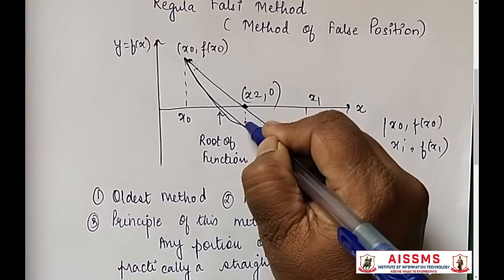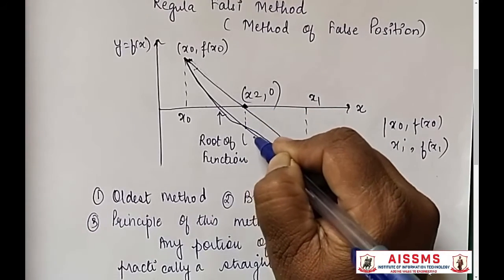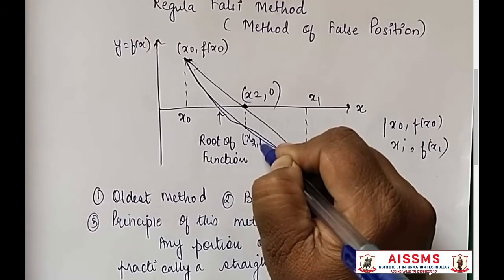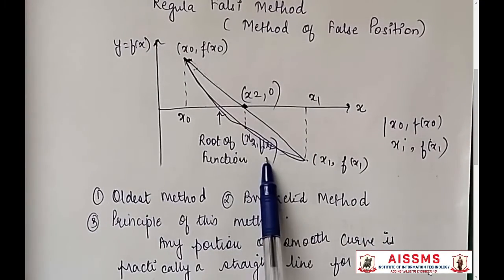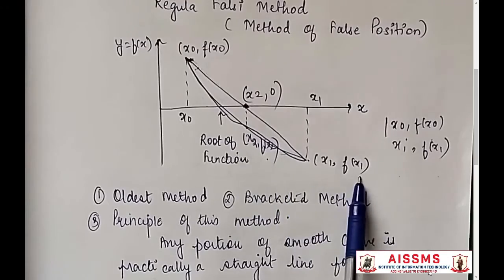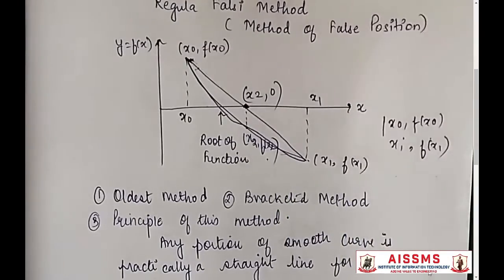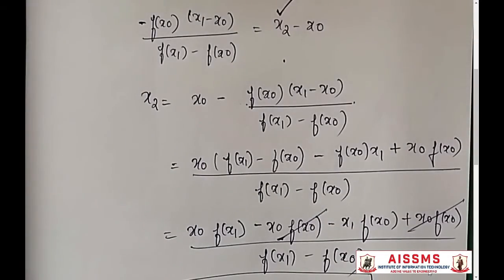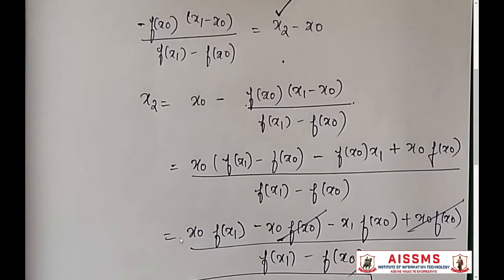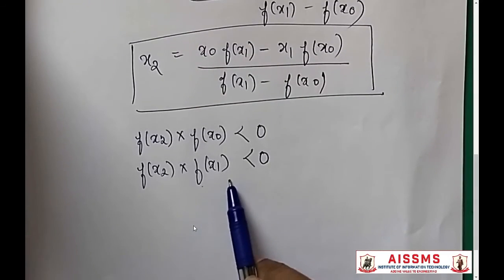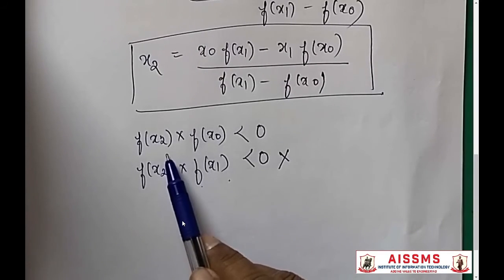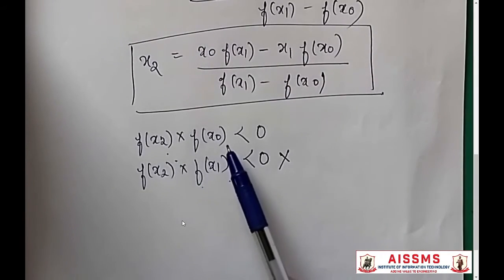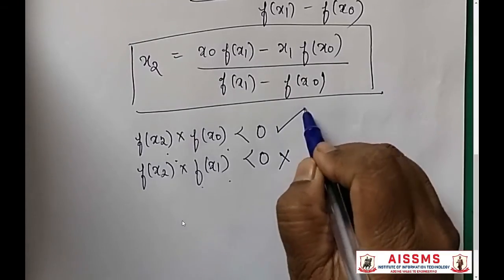If I take it on the function, this becomes my x2, f of x2. So if you see, f of x2 is negative, f of x1 is also negative. So the condition f of x2 into f of x1 is not satisfied, but the condition f of x2 into f of x0 gets satisfied.